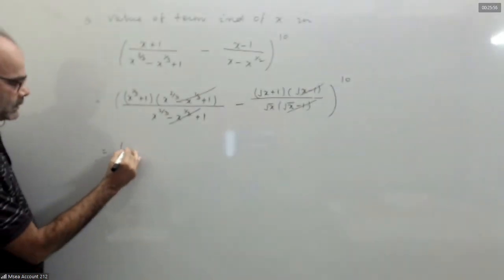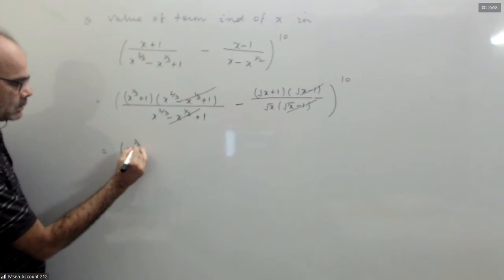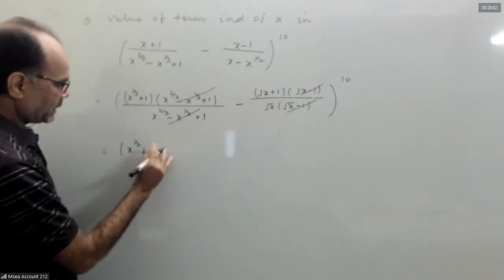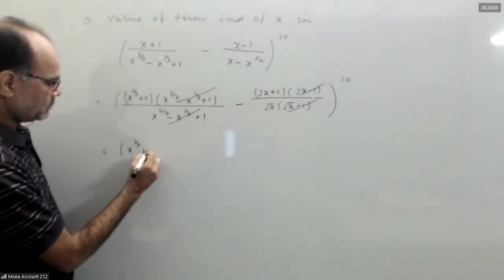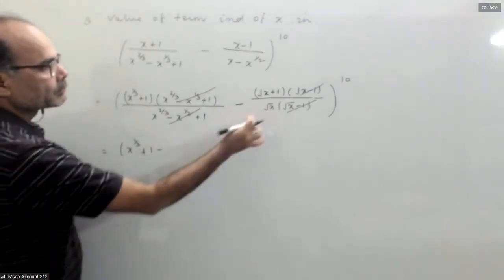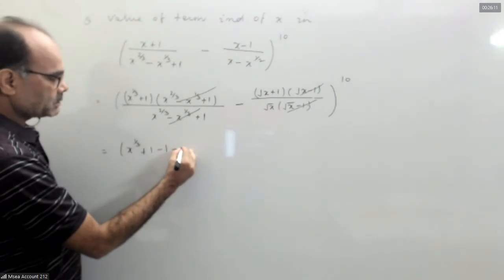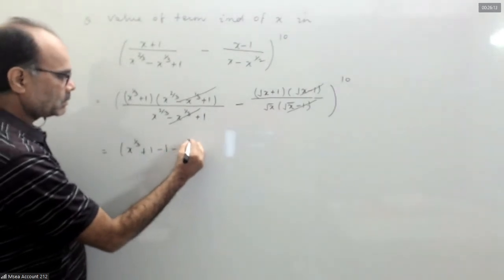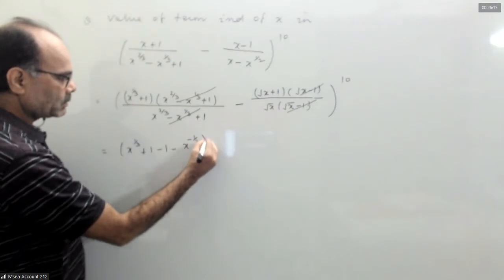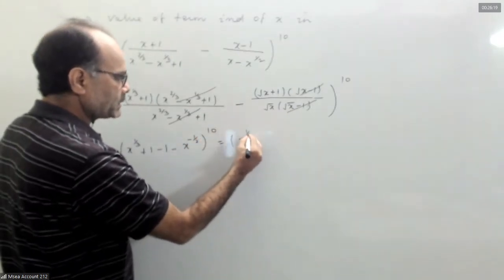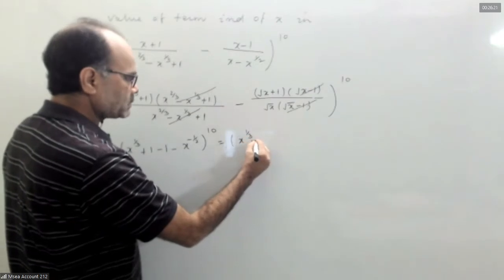x to the power 1 by 3 plus 1, here minus 1, this divided by this, minus x to the power minus half, to the power 10. That is nothing but x to the power 1 by 3 minus x to the power minus half.